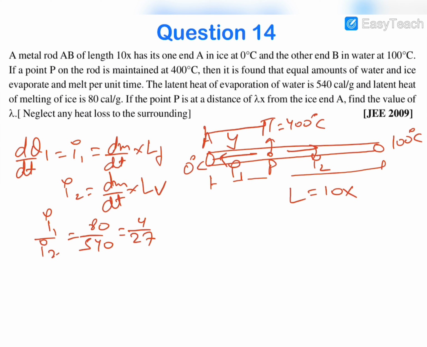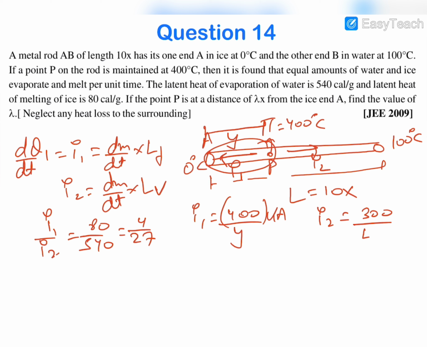Okay, so this is I1 by I2, and we know that I1 will be equal to 400 upon the resistance of this part, which will be y upon KA, and I2 will be equal to 300 upon resistance of that part, which will be L minus y upon KA, and I1 by I2 will be equal to 4 by y upon 3 by L minus y.